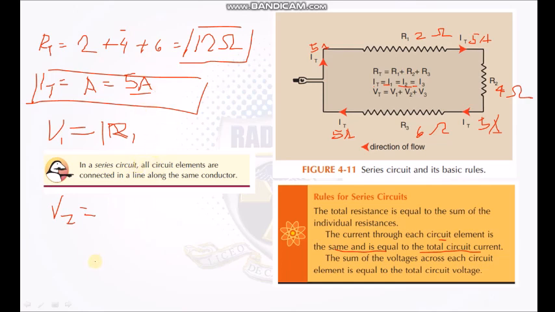Then you also have voltage 3, that's simply V3 equals IR3. Okay, so the sum of the voltages across each circuit element is equal to the total circuit voltage.